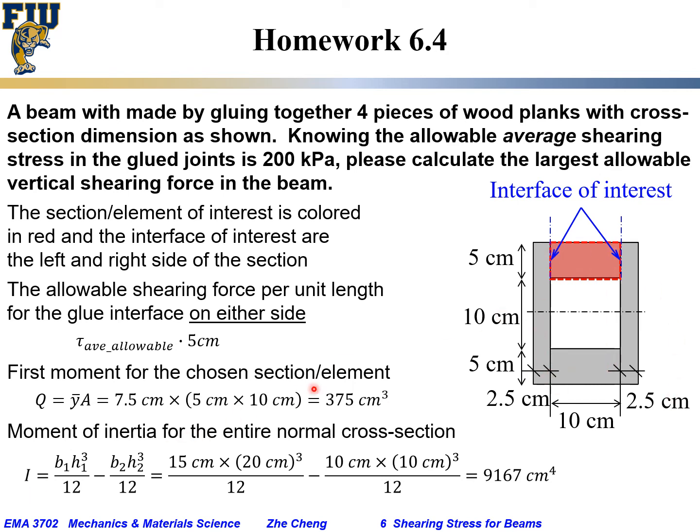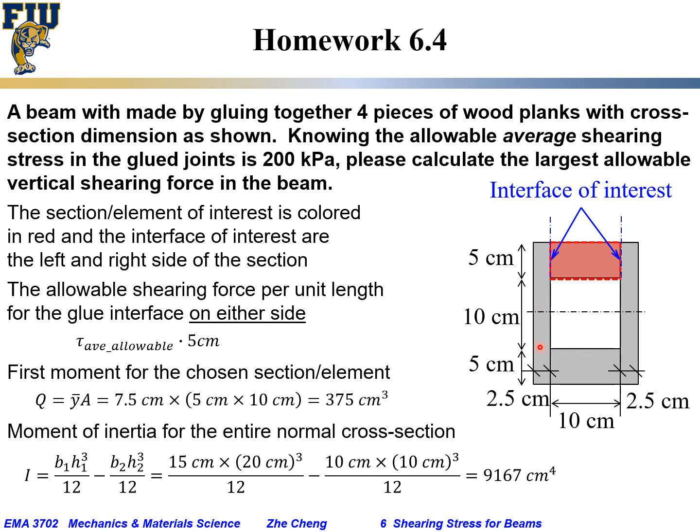Because of its rectangular shape, we can write it as 1/12 B1 H1 to the power of 3 minus 1/12 times B2 H2 to the power of 3. B1 and H1 represent the width and the height for the outer rectangle, while B2 and H2 represent the width and height for the inner rectangle.